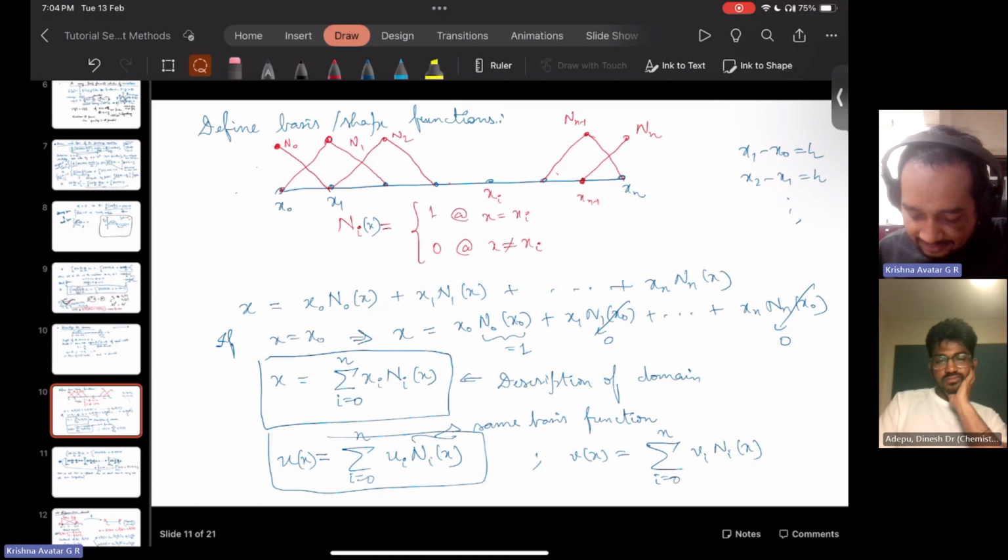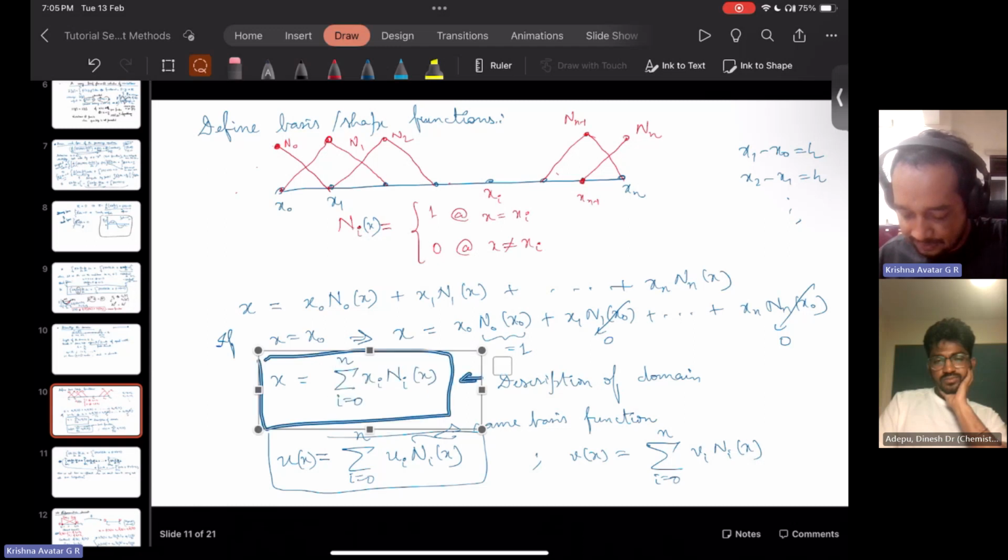Each has a value of 1 at its own node and 0 at the other nodes, and this holds for every basis function. Then we approximate or describe our domain in terms of the basis functions. That's why you see that x is taken to be a linear combination of the basis functions.